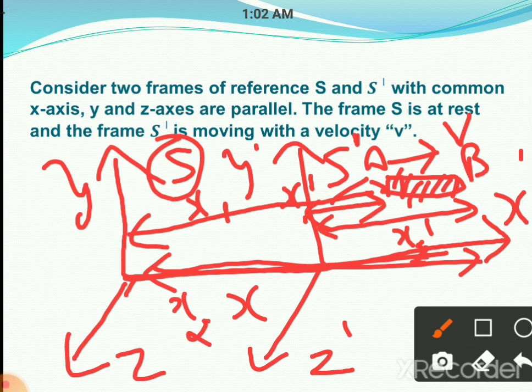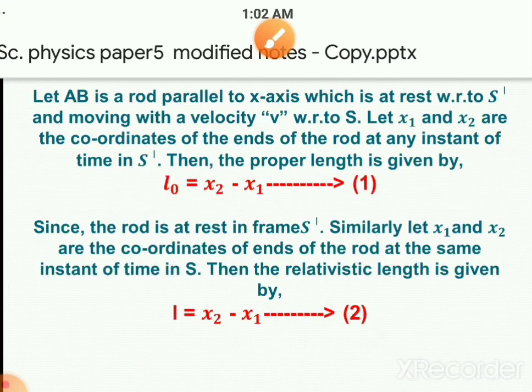So these are the two inertial frames with the common x-axis, and y and z will be parallel. The frame S is at rest and S dash is moving with the velocity v.